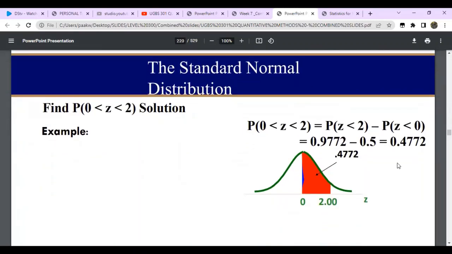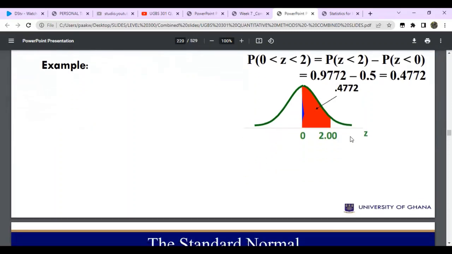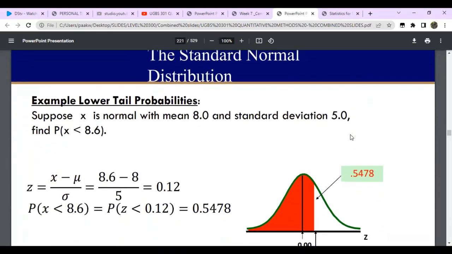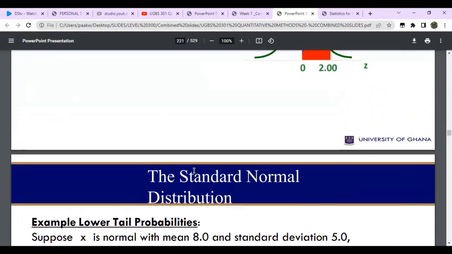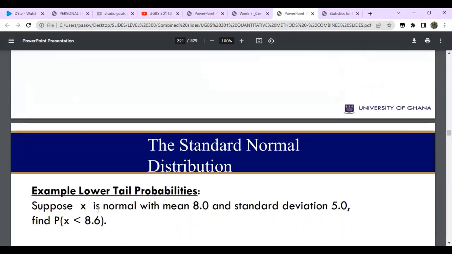Okay, I think you can solve this one, the same thing. This one, they give you the x. So you just standardize. You convert this 8.6 to what? Your z. So you standardize.